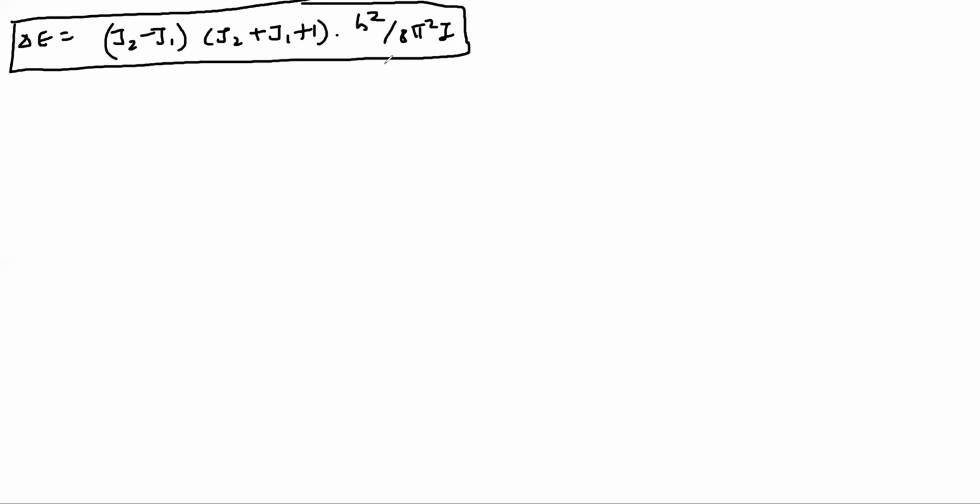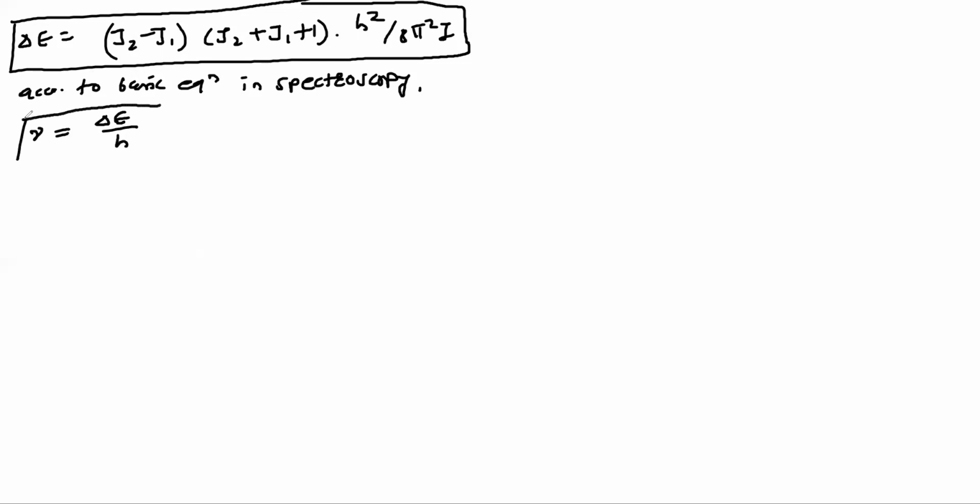Okay, after that you can say that according to the basic equation in spectroscopy, nu is equal to delta E upon h. That means the frequency is equal to delta E, your energy difference, divided by h. h is your Planck constant.